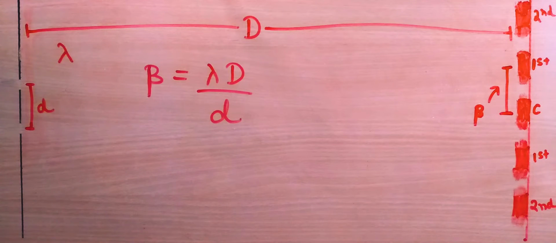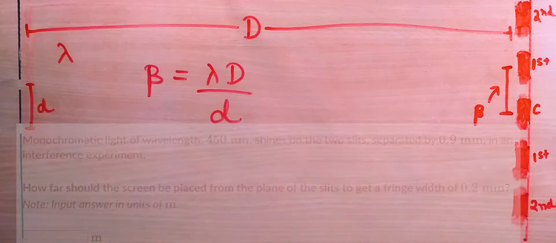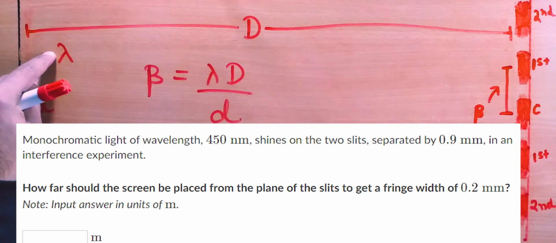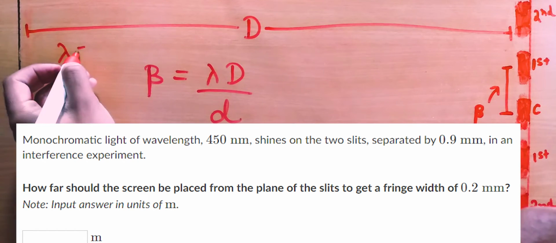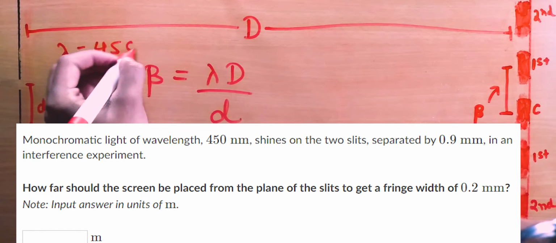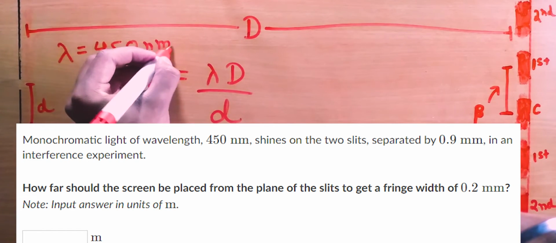Now let me take an example of one of the questions given in the exercise and work through that to make you understand the approach that you need to keep in mind while solving such questions. So the question goes something like this: monochromatic light of wavelength 450 nanometers. So I have the wavelength there, which is given as 450 nanometers.